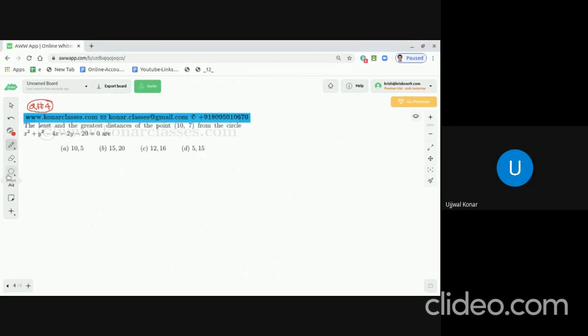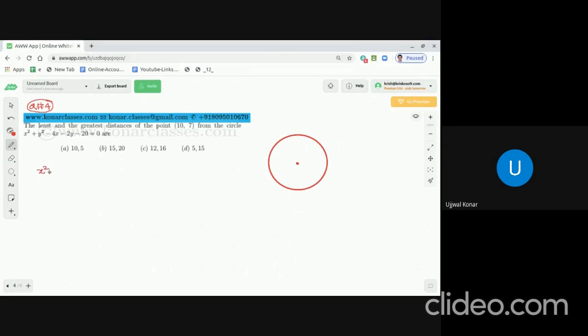Okay, let me first draw the circle. Suppose this is the circle. Okay, and this circle has a center here. As the equation of the circle is given, it is very easy to find the coordinates of the center. So let's find it out first. What is the equation of the circle?